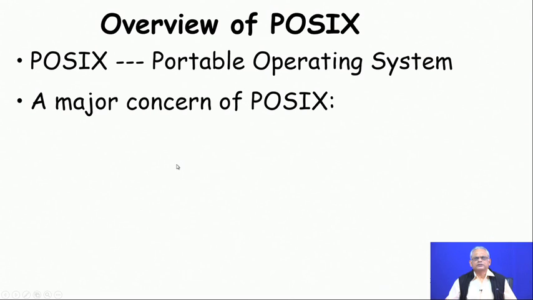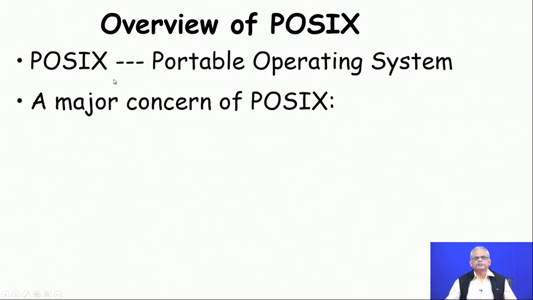To make the code compatible at the source code level, POSIX was attempted, which stands for Portable Operating System. You might wonder that it comes to POS, but what about IX?